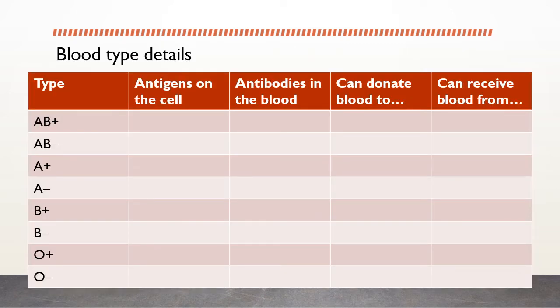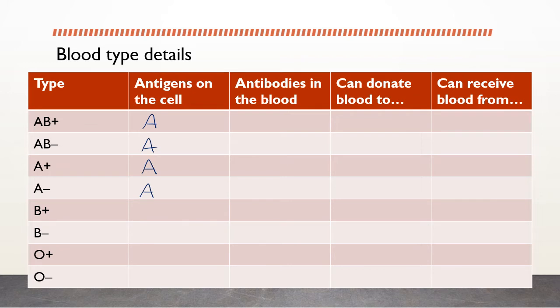Okay, let's summarize some of the details then about which antibodies and which antigens are present on which cells, and see if we can figure out who's supposed to donate to or receive from who. Okay, so who has antigen A? Well, if you've got the letter in your blood type, then you have that antigen. So type AB and type A both have the A antigen.